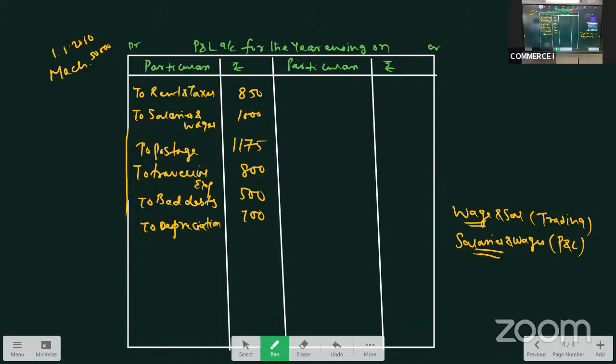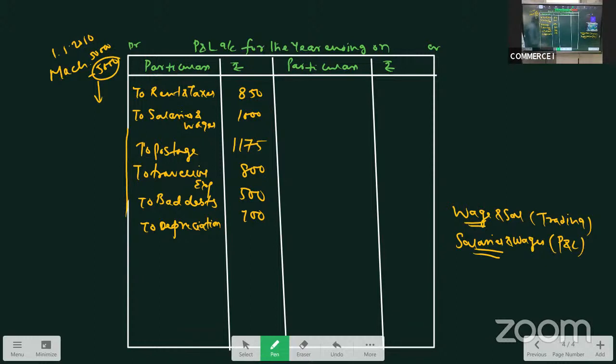After 1 year of use, definitely its value will decrease. You agree with me? The value of any fixed asset, for several reasons, will decrease. So let us say there is a decrease of 5,000. This 5,000 decrease in the value of the asset is called depreciation, and that again is a loss to the firm. So we show it on the debit side.